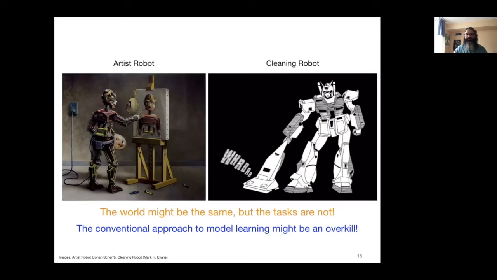So if we do conventional model learning, we learn the same model for both of them, but that might not be needed, because depending on the task, these two robots should focus on different aspects of the environment. That's why I'm claiming that the conventional approach to model-based RL might be overkill.